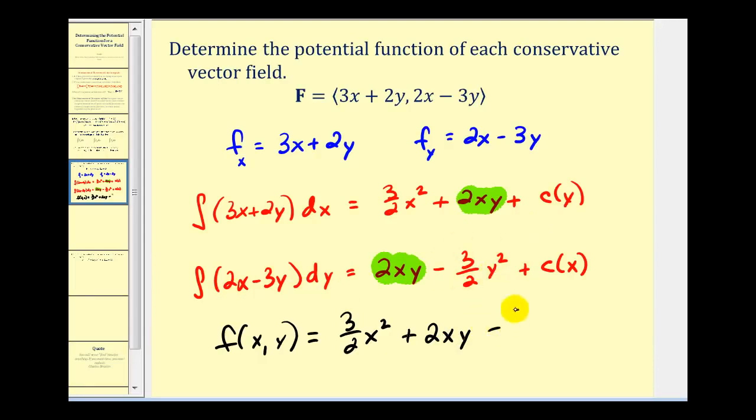So we'll have minus 3 halves y squared. And we still could be missing a constant, so we'll call it plus c. This would be our potential function that we would use to evaluate a line integral if we knew the vector field was conservative. As we know from Calc 1, we could leave off the constant because that would be eliminated. Let's go and take a look at a second example.